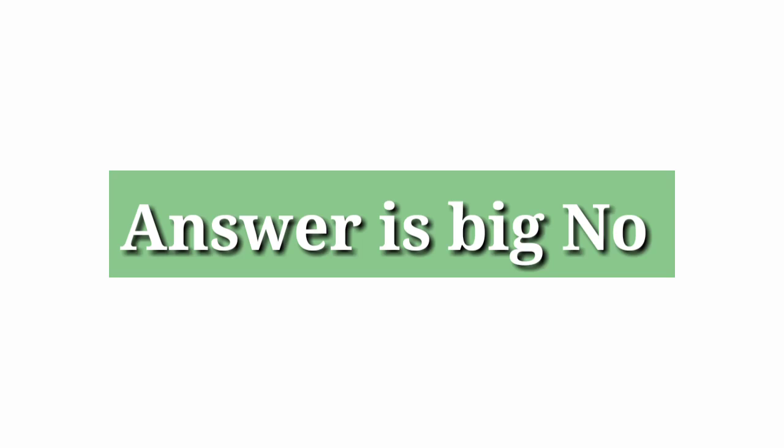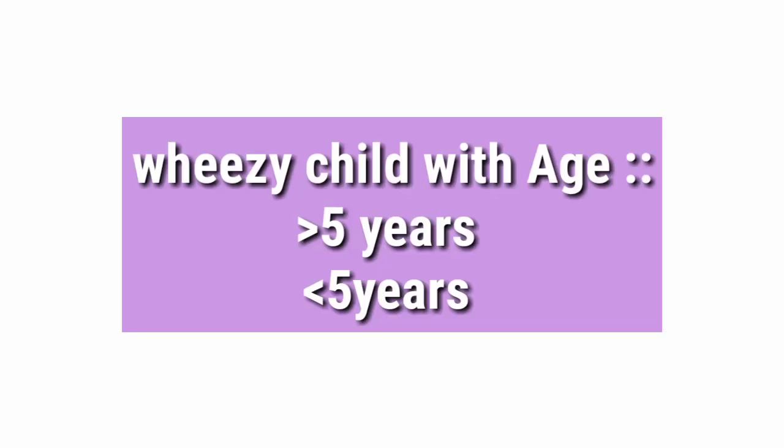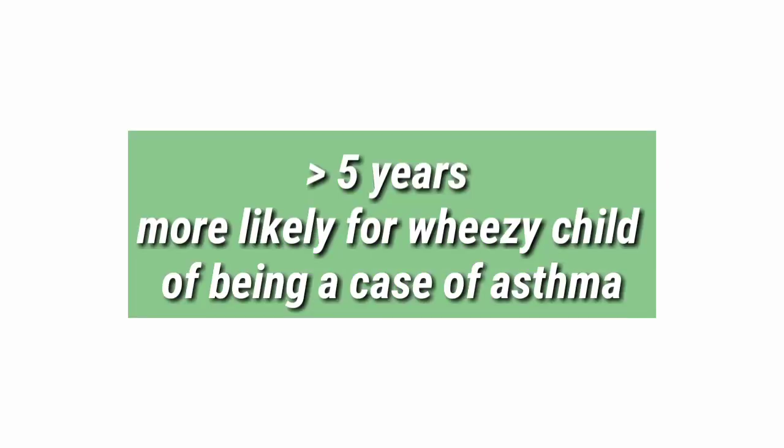So we divide the children into two age groups. One is less than 5 years of age, and the other is more than 5 years of age. In the more than 5 year age group, it is easy to label the patient as asthma. The reason is that the patient has passed the time of 5 years. In 5 years, the course of history is defined.